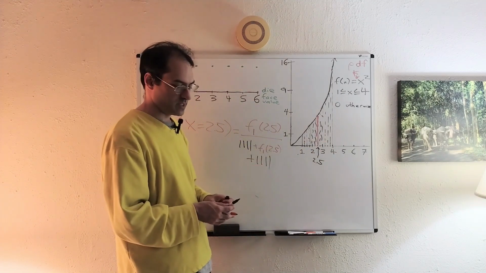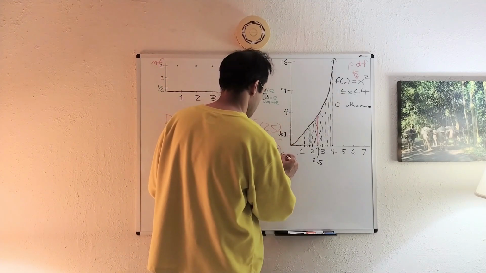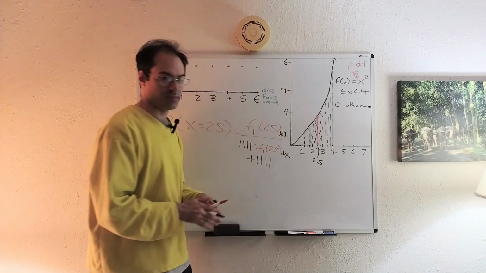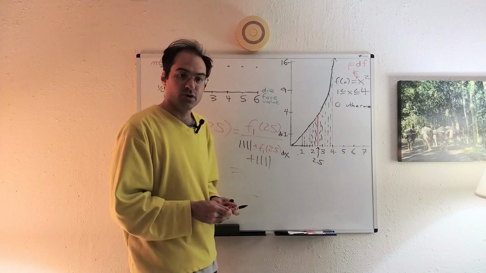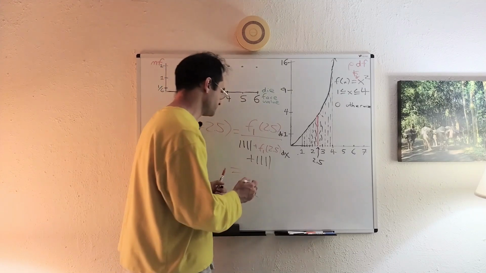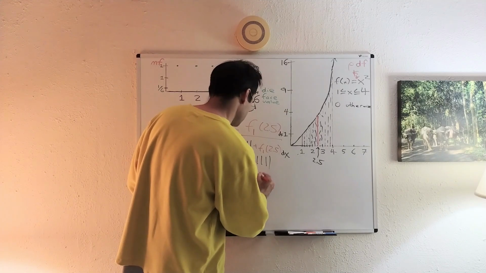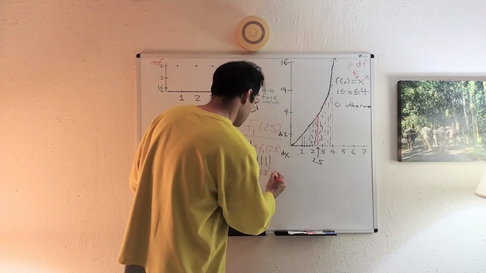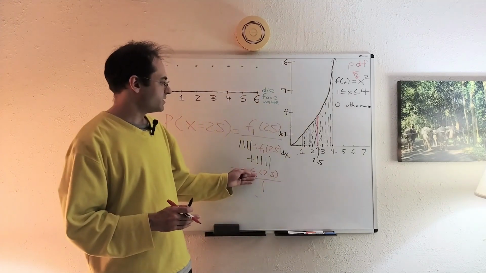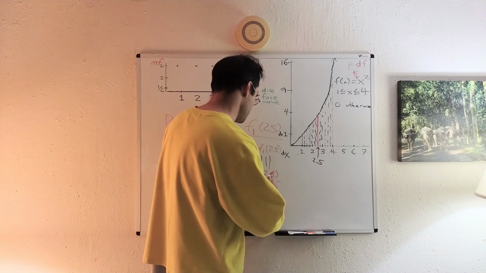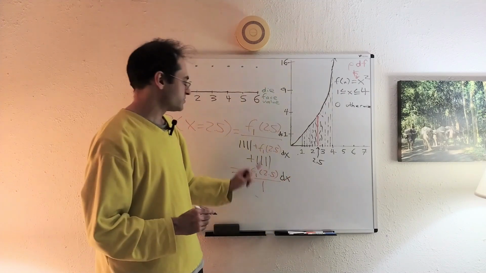So pulling the same trick that we did before, multiplying the top and bottom by dx, we'll just get f1 at 2.5 times dx over 1.